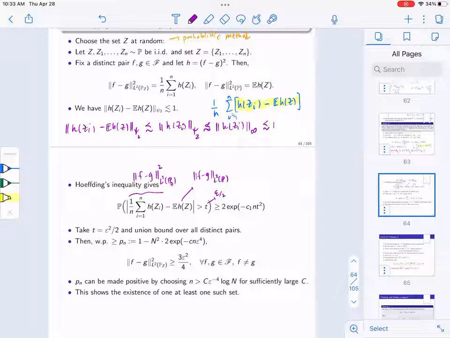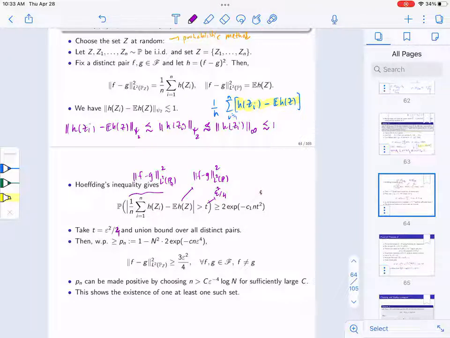Actually, this is squared. I'm going to do epsilon over 4. And then, oh no. Yeah, epsilon squared over 4.